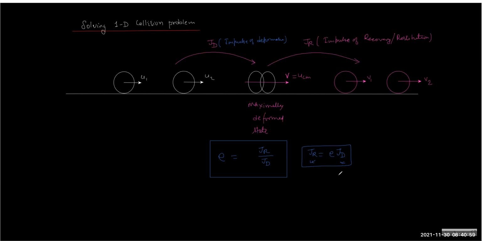So let's derive the values of J_R and J_D one by one. Keep this diagram in mind, because this is what we will use to derive the values of J_R and J_D. We'll start with J_R, and as a tool we are going to use the impulse momentum theorem.